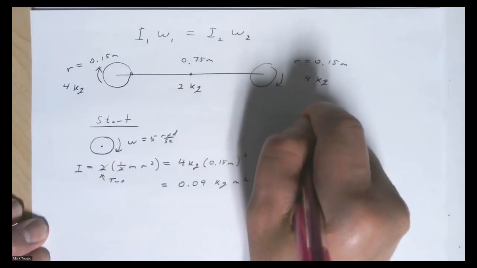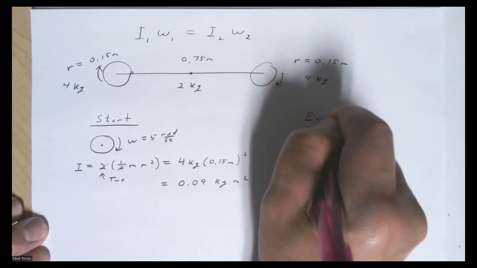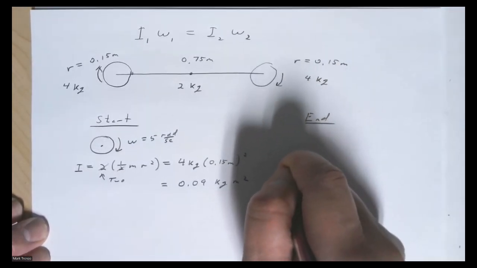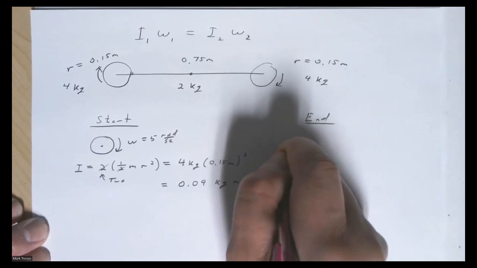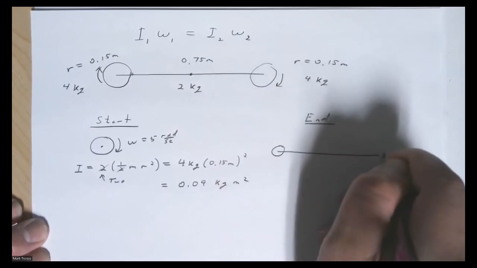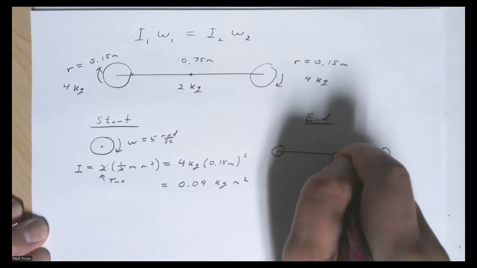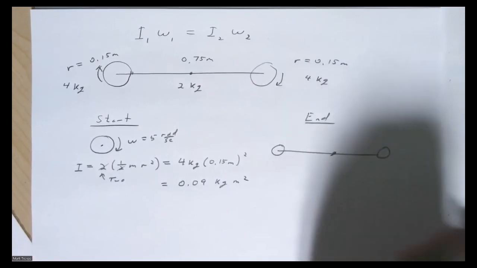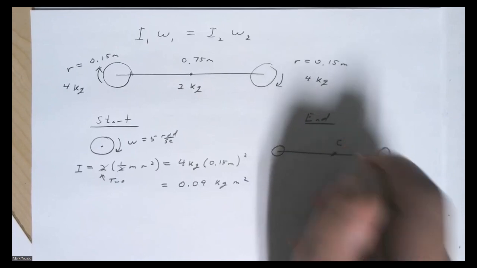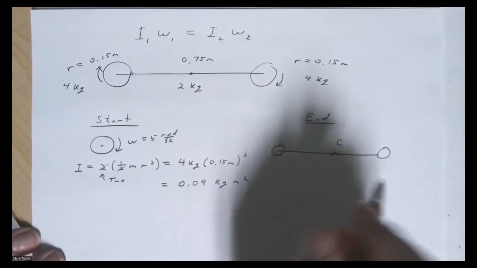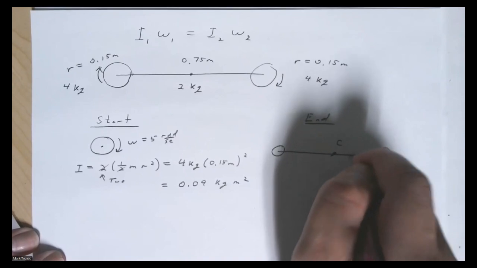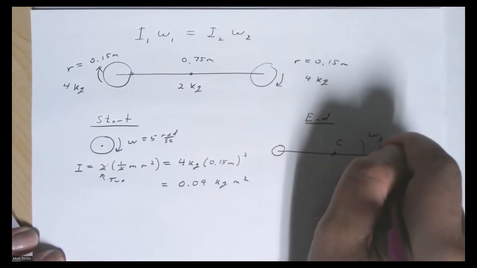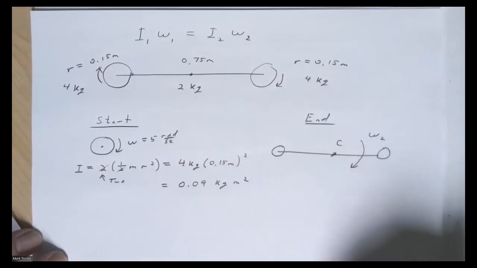Now at the end, this whole assembly is going to be spinning. And so we'll have a center here at C. And this is now going to be spinning about this center.